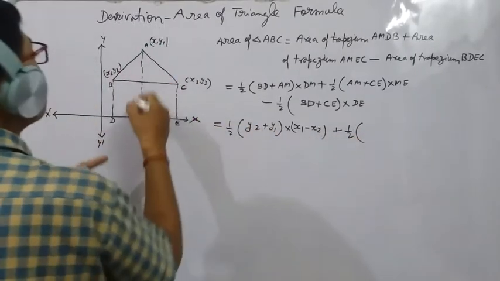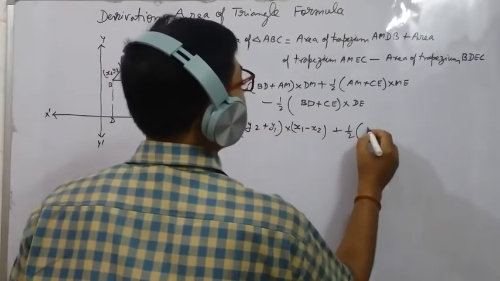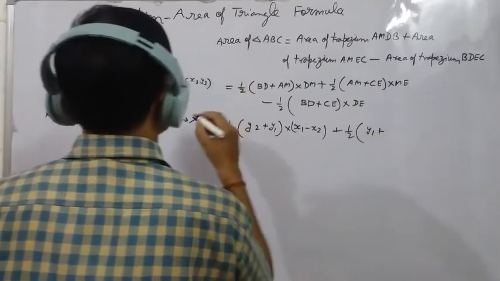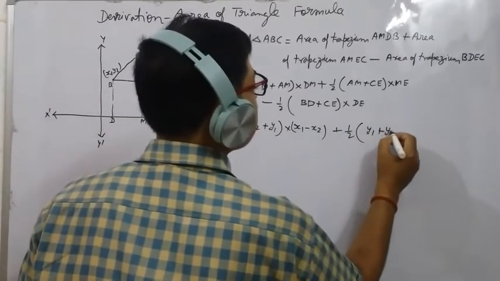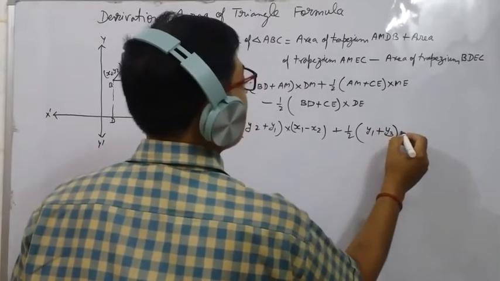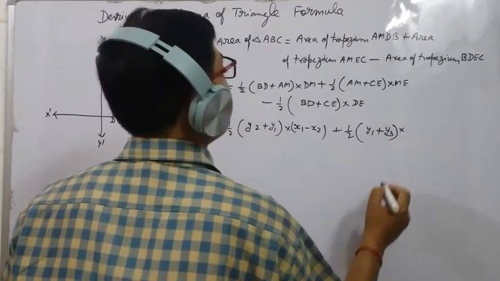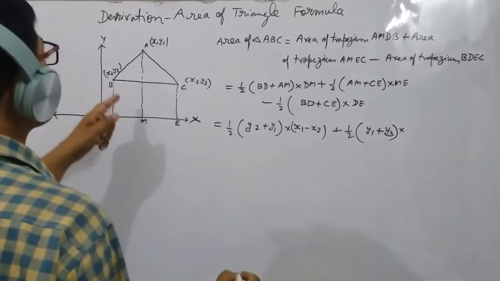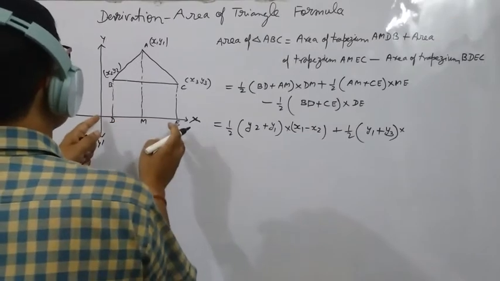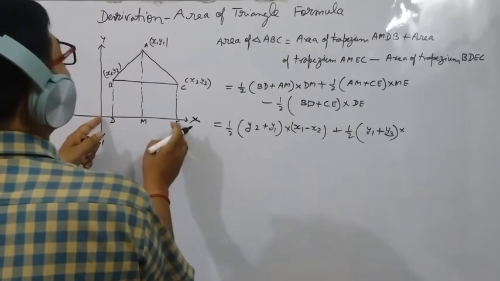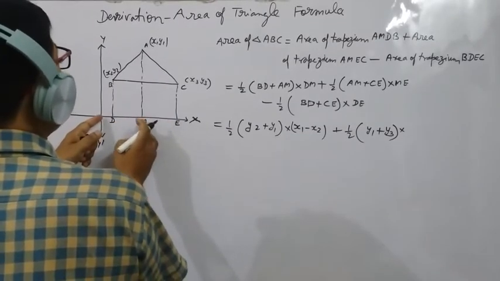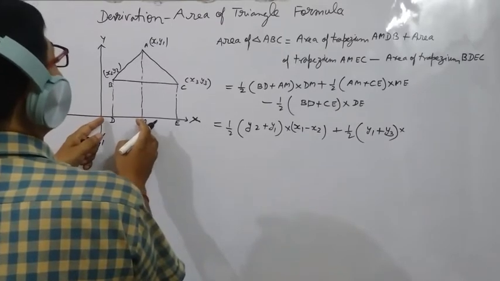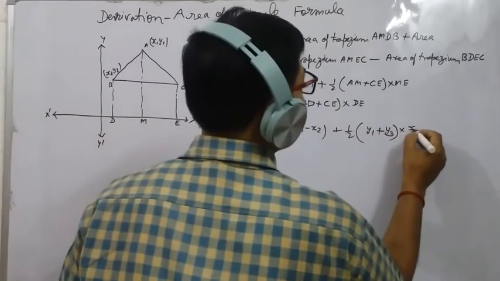Plus 1 by 2 AM, which is y1, and CE is y3, into ME. ME is the total length x3 minus x1.